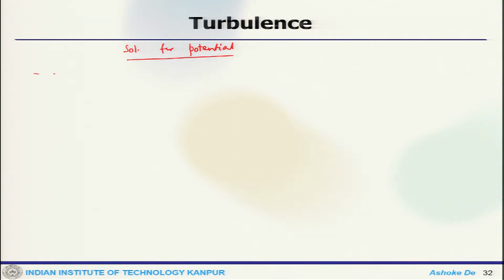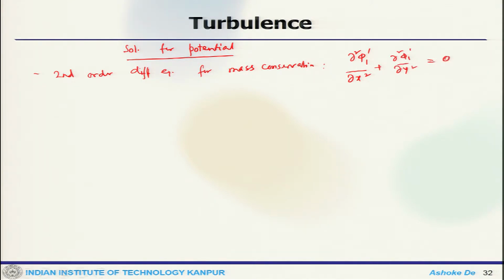Now, we have a second order differential equation for mass conservation. So, which are del 2 phi 1 prime by del x 2 plus del 2 phi 1 prime by del y 2 equals to 0, and del 2 phi 2 prime by del x 2 plus del 2 phi 2 prime by del y 2 equals to 0.